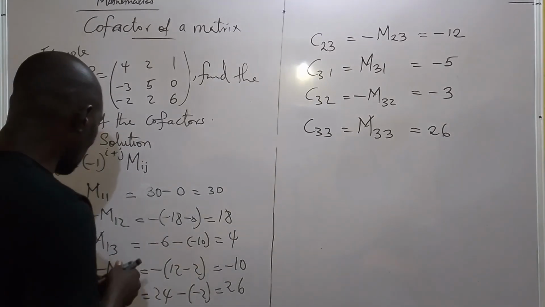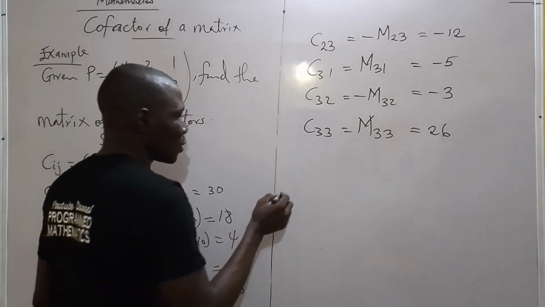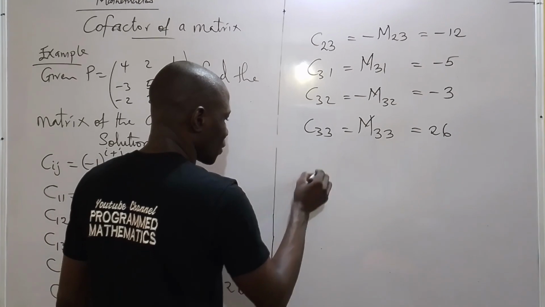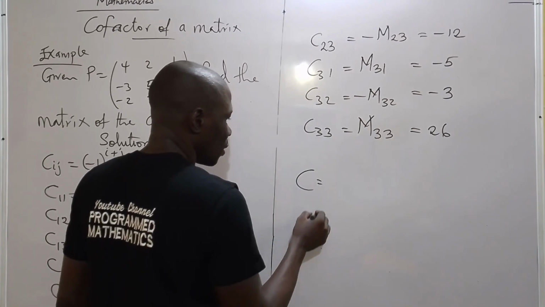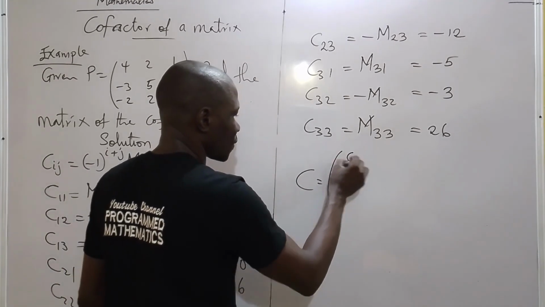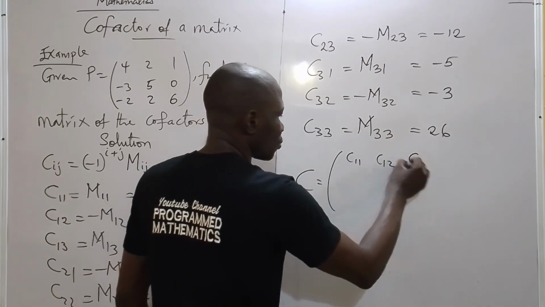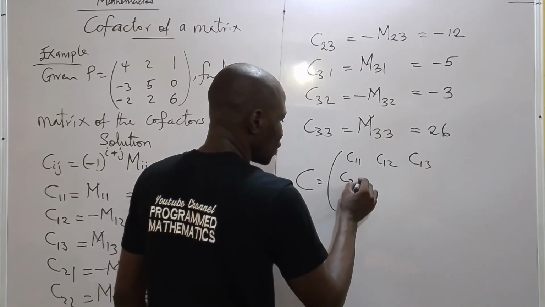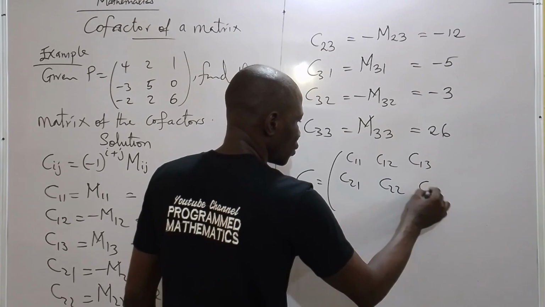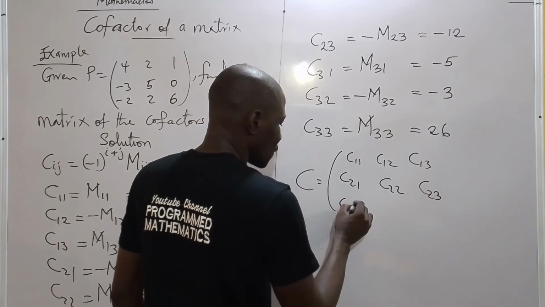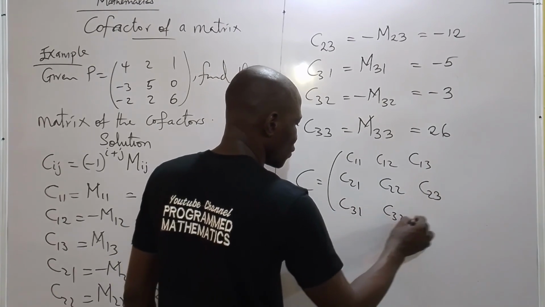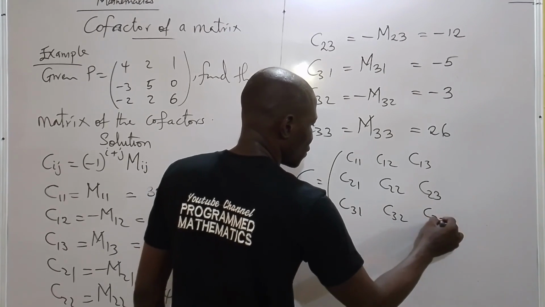And so now let's obtain the matrix of the cofactors. So the matrix of the cofactors, represented as capital C, is the matrix C11, C12, C13, C21, C22, C23, C31, C32, C33.